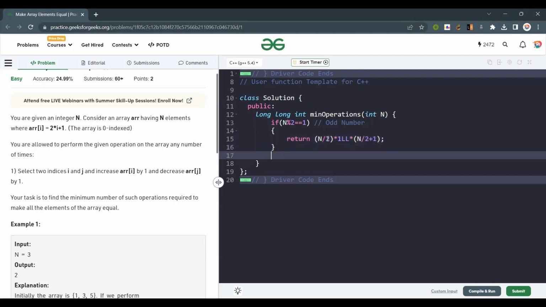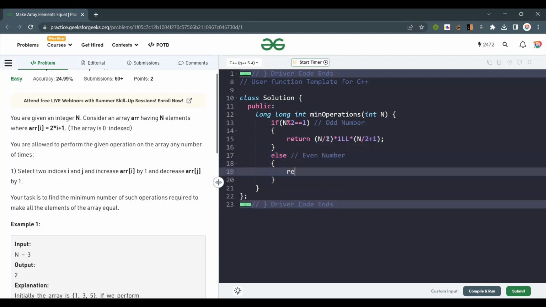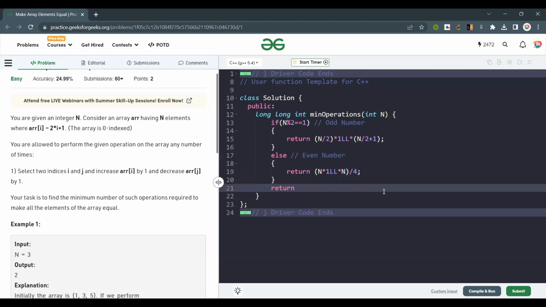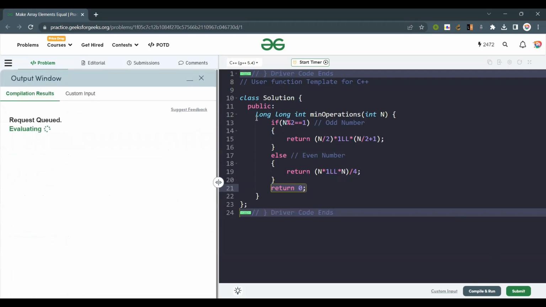So this will be the answer. And for even numbers, what will be the answer? Return n square by 4, as I said, n into 1 LL into n divided by 4. Now, since this case will never arise, we can return anything here.